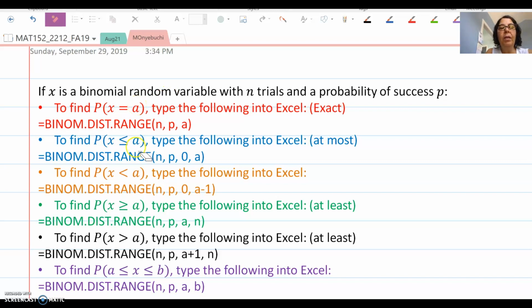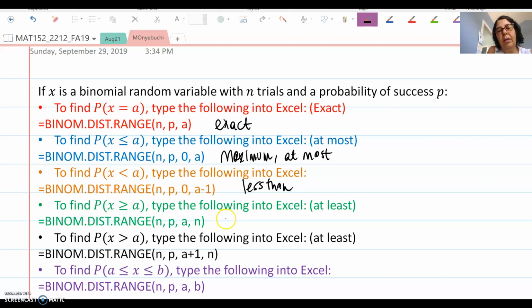If I'm using the blue one, it means maximum or at most. These words must be in the problem. For this one, it was exact. If I'm using this orange one, it should be less than.